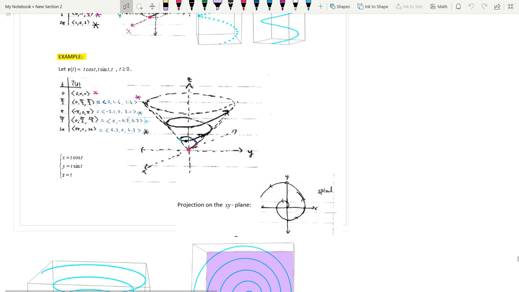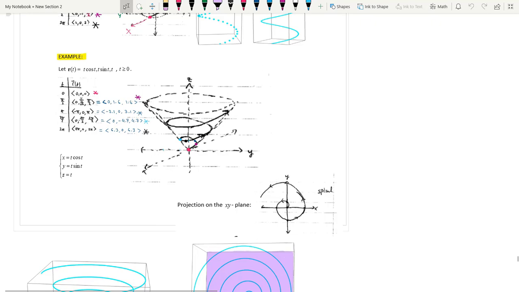Now in this example, we have r of t equals t cosine t, t sine t, t, and we need to sketch it. When t is 0, this becomes (0, 0, 0). When t is pi over 2, then as before you will get pi over 2 for the first two, and we know the value of pi is 3.14.